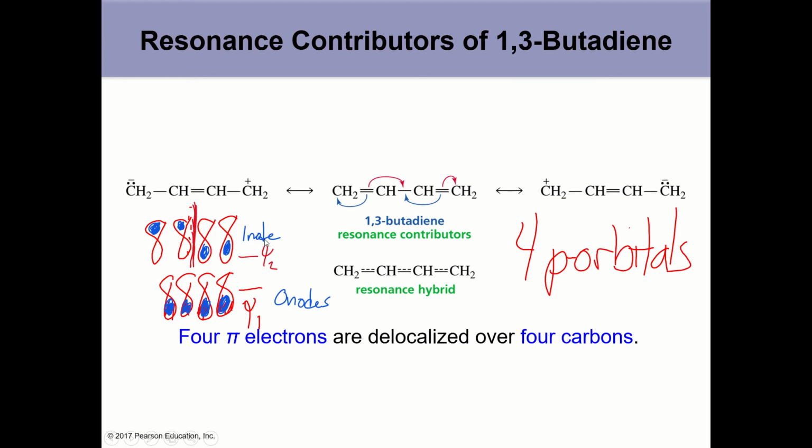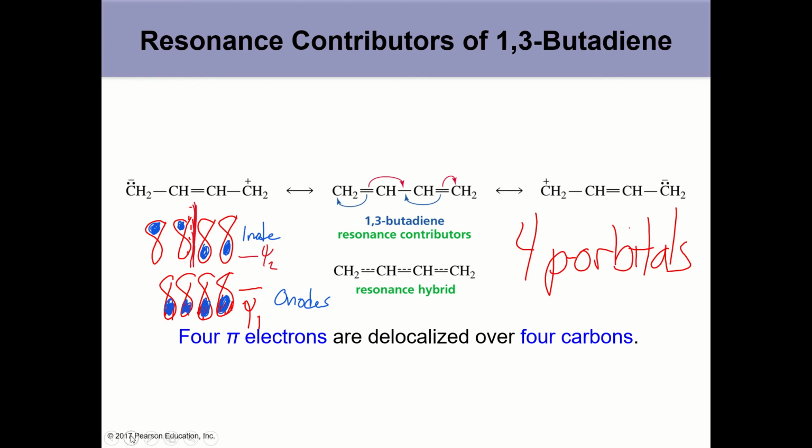The nodes should increase by 1 for each orbital level that we increase. When we have a total of 4 p orbitals beginning, we should see 4 molecular orbitals in the way that the orbitals can combine. So this is orbital 2 for butadiene.